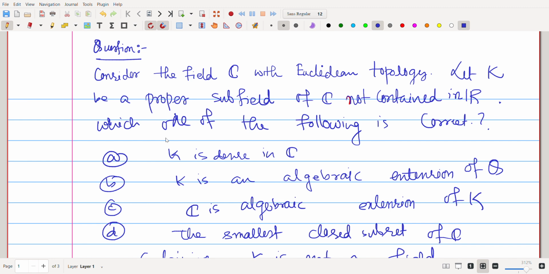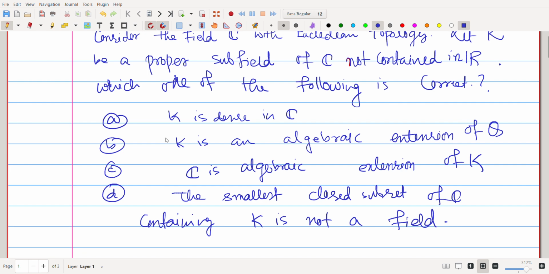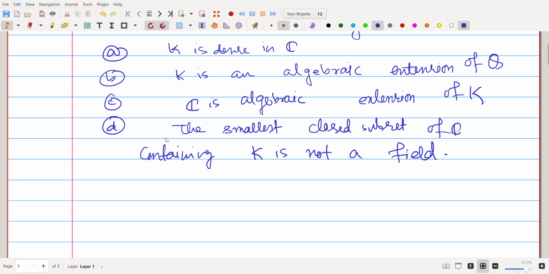Option A is K is dense in C, option B is K is an algebraic extension of Q, option C is C is an algebraic extension of K, and option D is the smallest closed subset of C containing K is not a field.